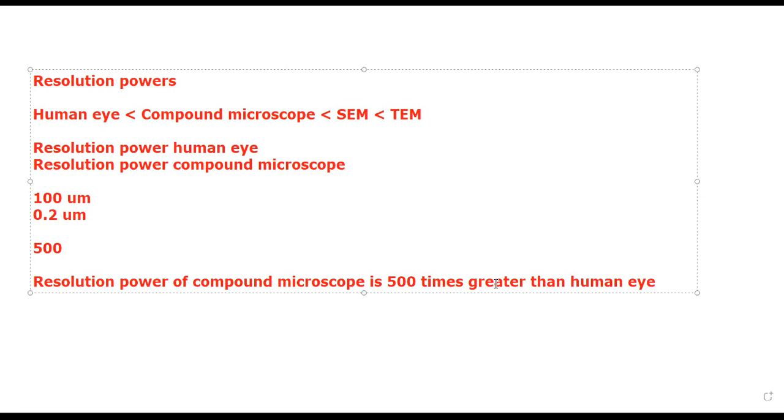So remember, the human eye has the higher value; it is the one we place as the numerator. Then only 500 will come. If you do it the other way, will 500 come? No. Okay, complete it.